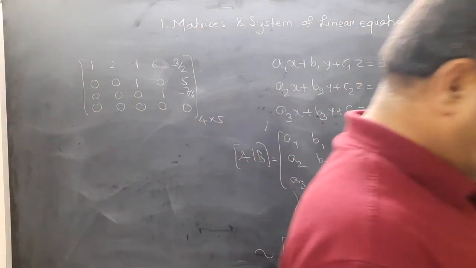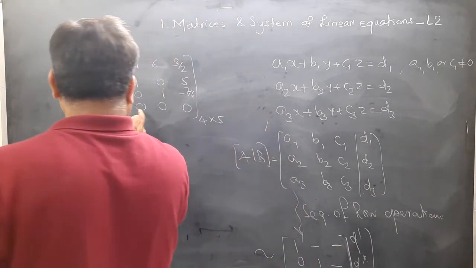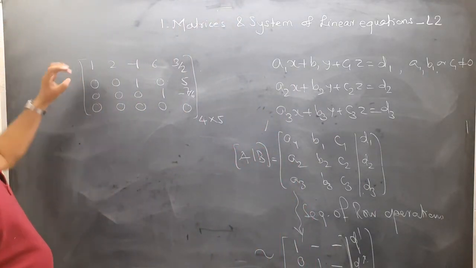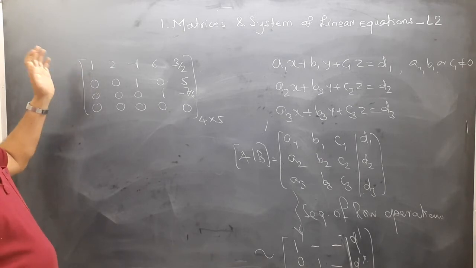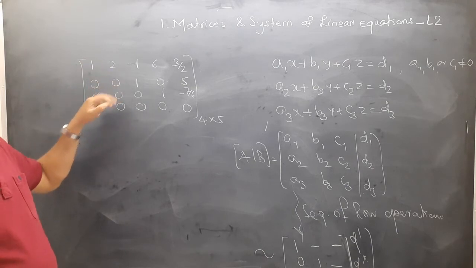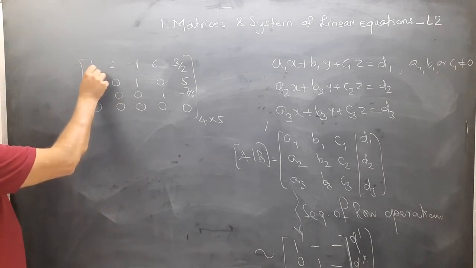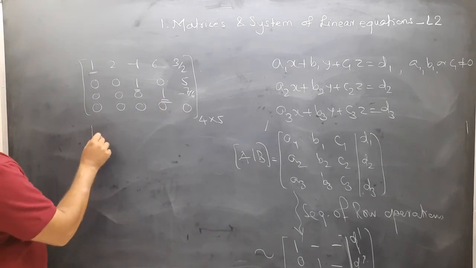Observe this matrix now. This matrix has a zero row which is at the bottom. In the other non-zero rows, the first non-zero entry in each row is 1. So this 1 is called a leading 1.